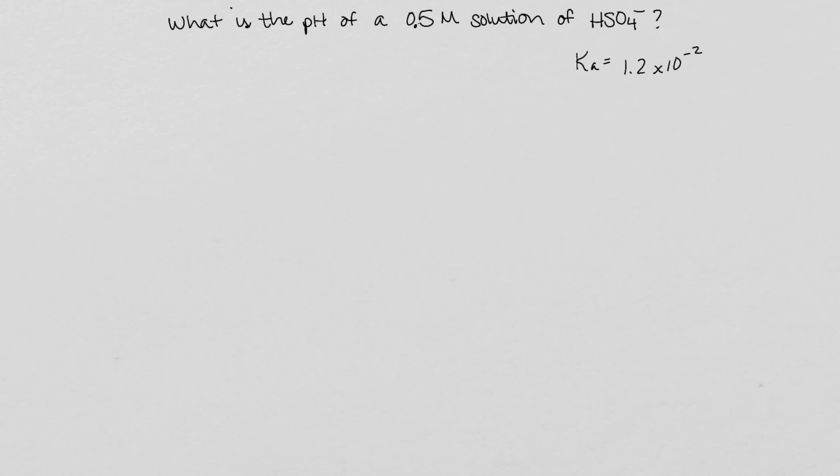So let's set up our ice table. So we've got our bisulfate here, and our hydronium ion, and our sulfate anion. And we can write our initial, change, equilibrium. And we have 0.5, approximately 0, and 0.